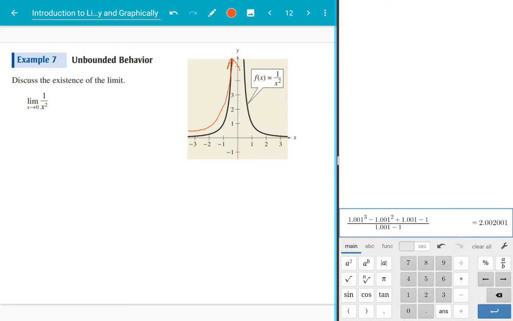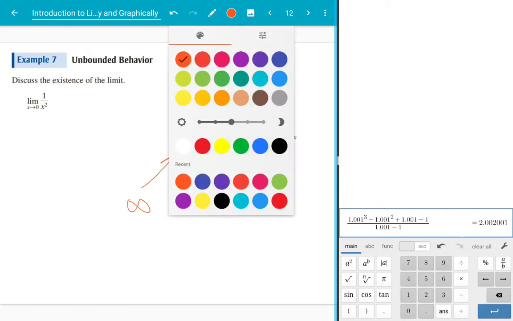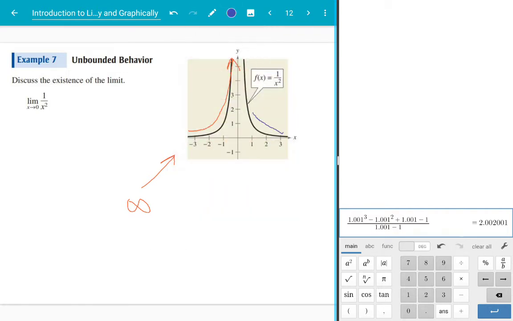I don't see it really approaching a value. Instead, it's approaching a big number, the infinity idea. On the right-hand side, as the graph approaches 0, it is also approaching infinity.